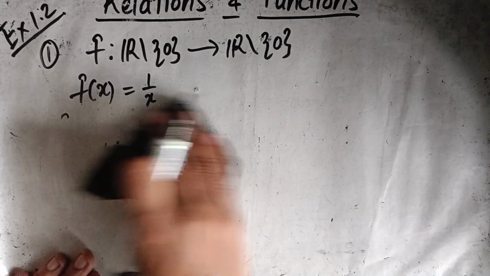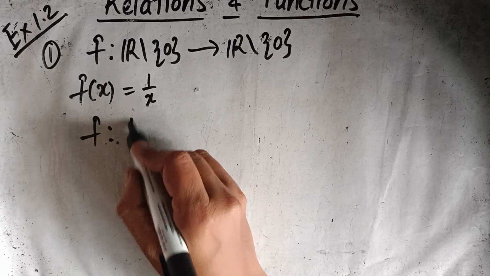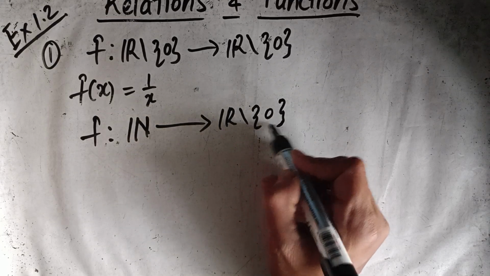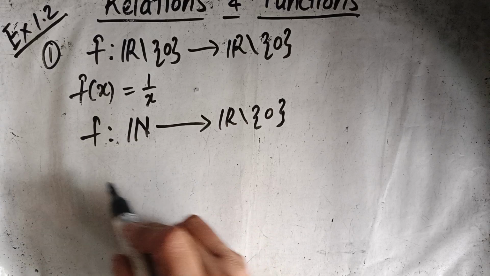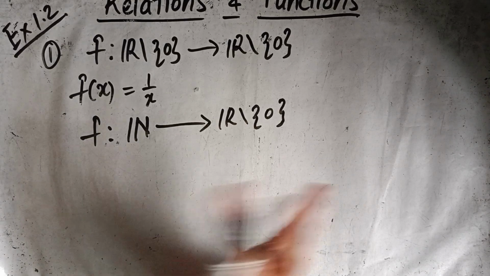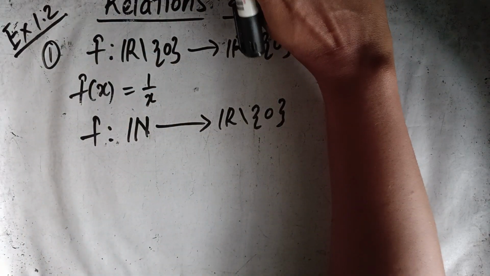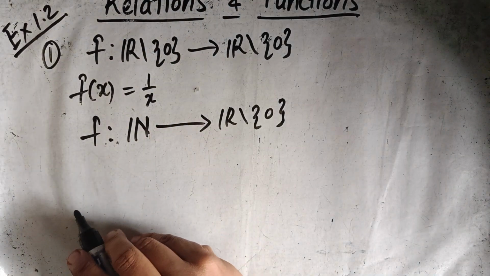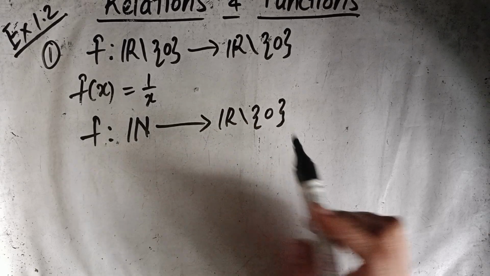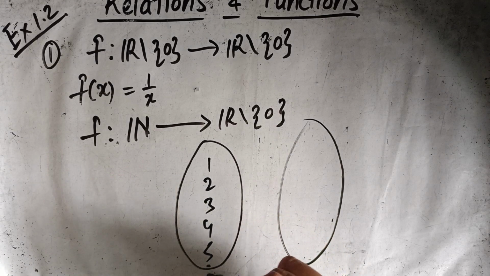So it is onto. Next condition they have given is you have to replace the domain by the set of natural numbers. Same function, it is f of x equal to 1 by x. So one-one is true. We have to go for onto. So for onto, these are all real numbers, and these are all natural numbers: 1, 2, 3, 4, 5 and so on.